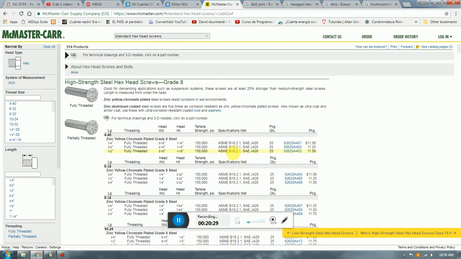Sometimes you won't see the standards, okay? That is important to see, like, if you want to use them for a structural thing, do not use a bolt that doesn't have standards, okay? Do not, because then you don't know the material that it has, you don't know the properties, the alloy, if it's a steel, you don't know the dimensions, you don't know if it's a screw, if it's a bolt. So use them knowing the standards.